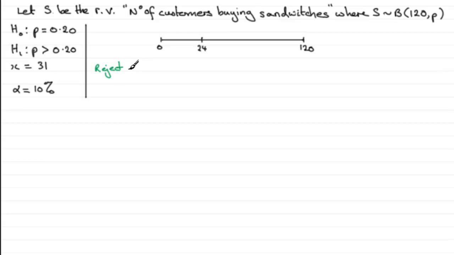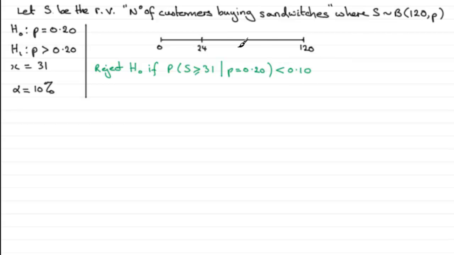Let's just put this down. Reject H0, the null hypothesis, if the probability that S is greater than or equal to this observed value, 31, given that the null hypothesis is true, that is that p equals 0.20, 20%, turns out to be less than 10%, 0.10.